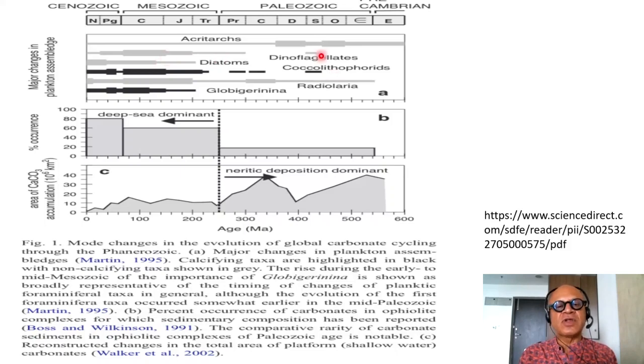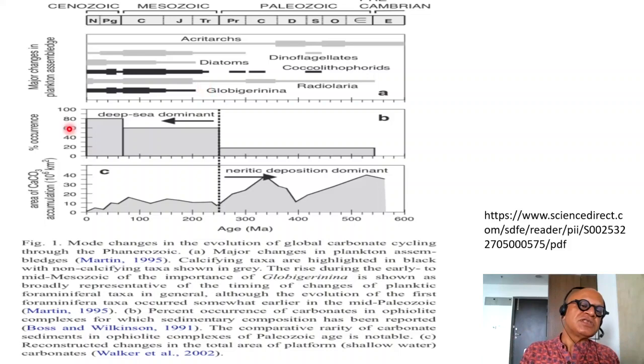The dinoflagellates don't have hard material, they dissolve and disappear, but there are other pieces of evidence that can be used to estimate their presence here. And coccolithophores and Globigerina, the foraminifera, are calcium carbonate forming. They form shells of calcium carbonate, which would affect the carbonate factory, together with the continental configuration change and the climate change and the ocean circulation change, especially the shelf area change.